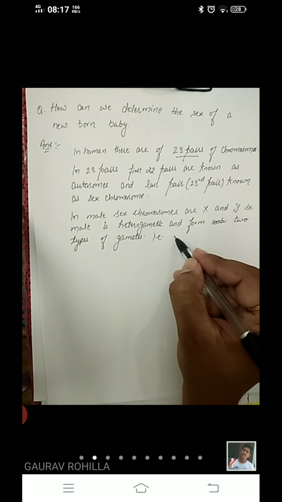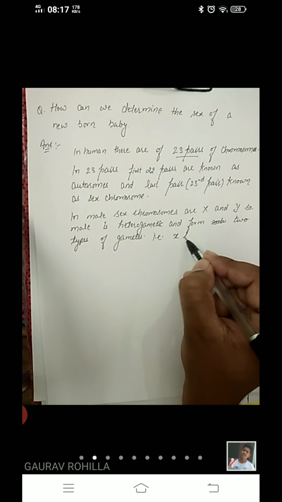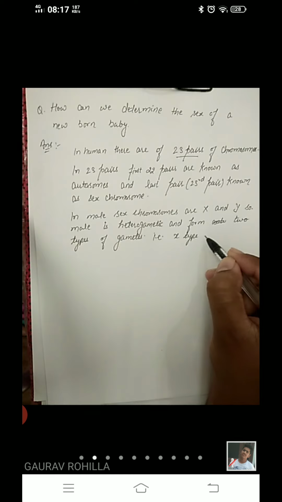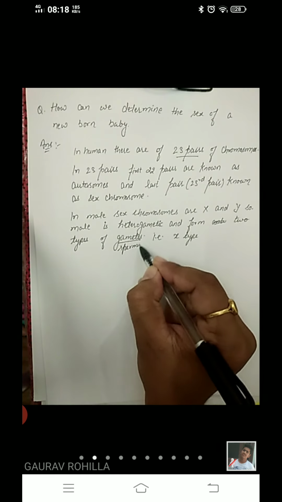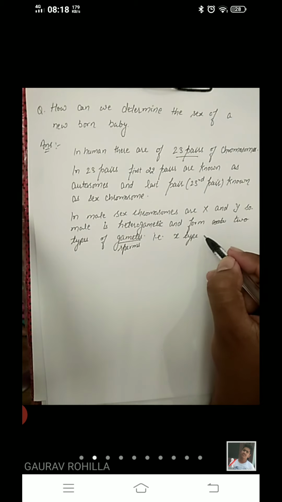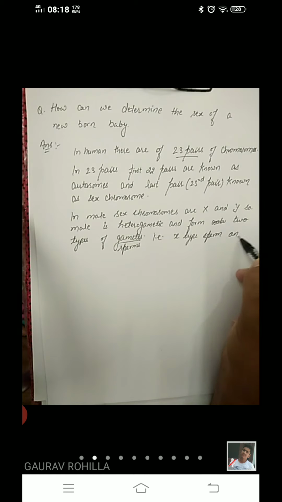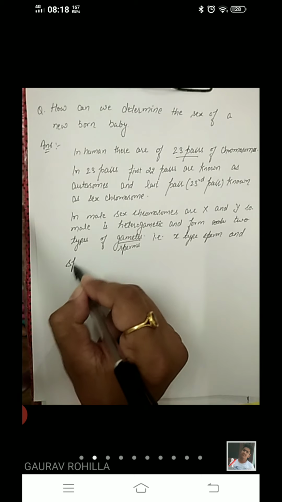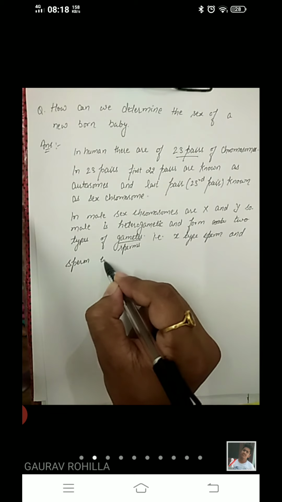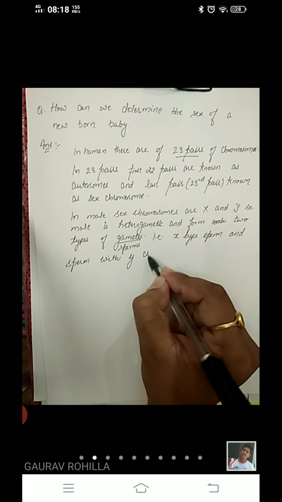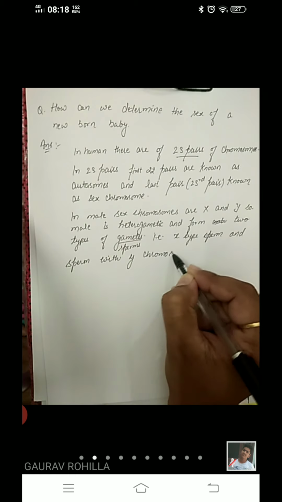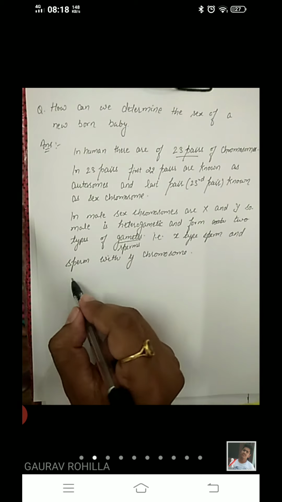The gametes are sperm: X type gamete or X type sperm, and sperm with Y chromosome.